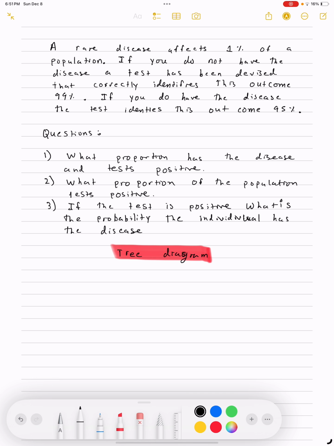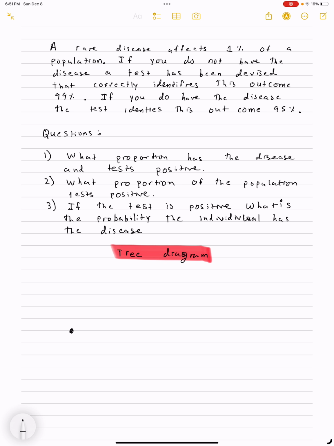To get started, we're going to start with a single node, and there are two outcomes for this node: either the individual has the disease, which is yes, or they do not have the disease, which is a good thing.